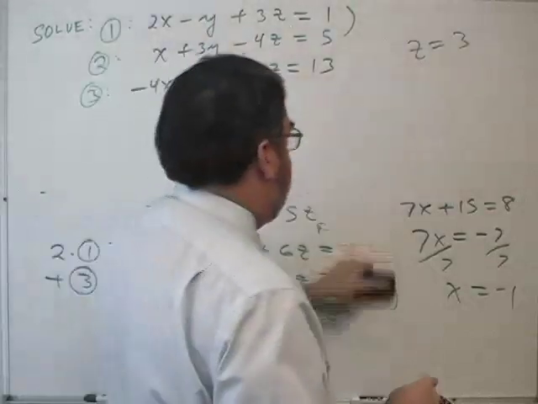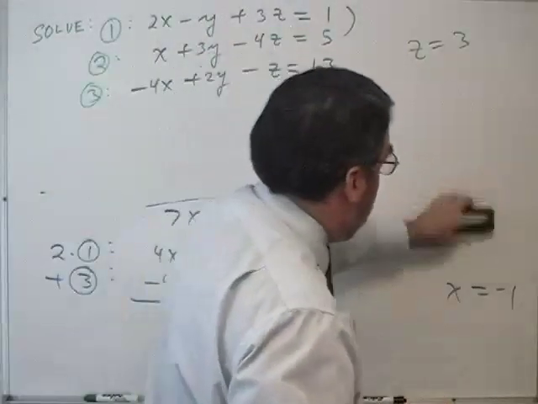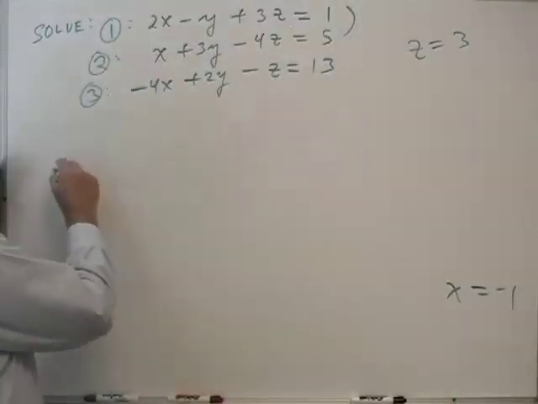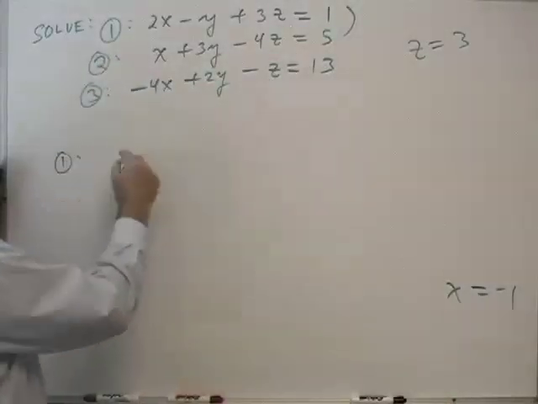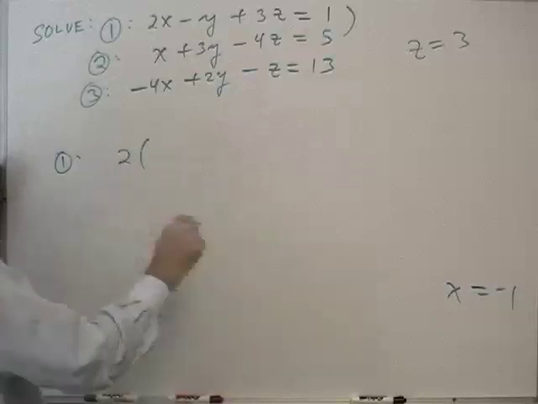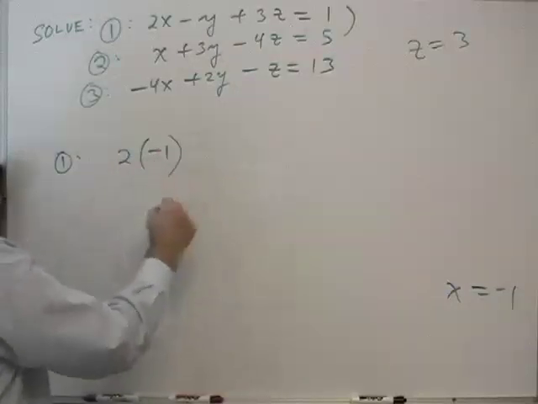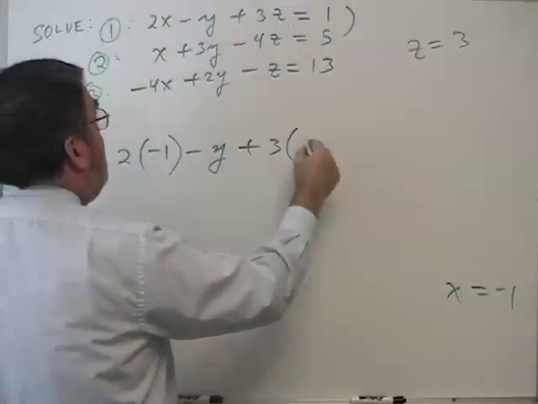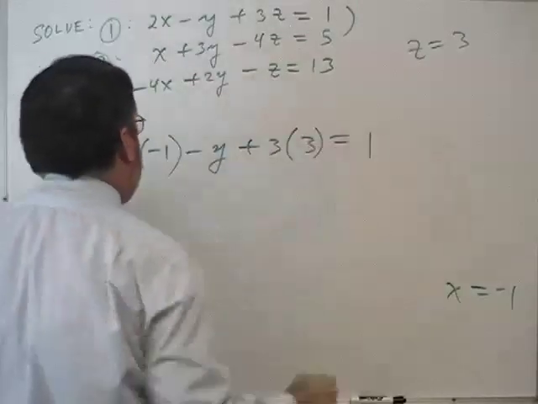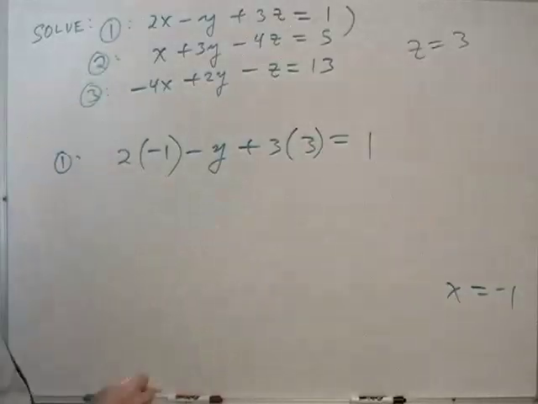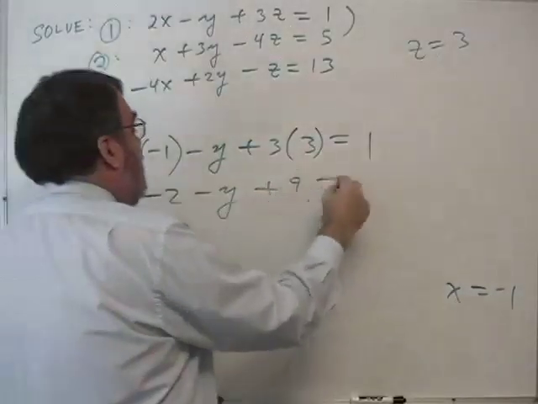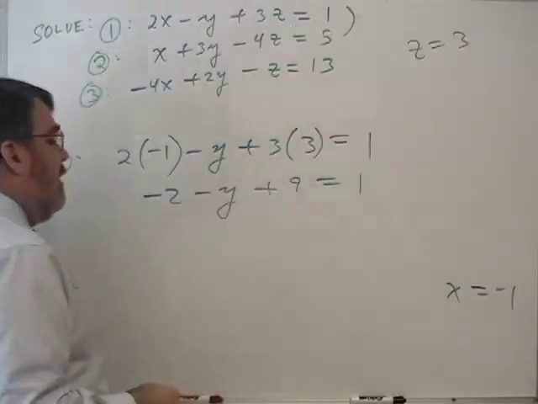The first equation then is 2 times x, and x is negative 1, minus y, plus 3 times z, and z is 3, equals 1. So we have negative 2 minus y plus 9 equals 1.